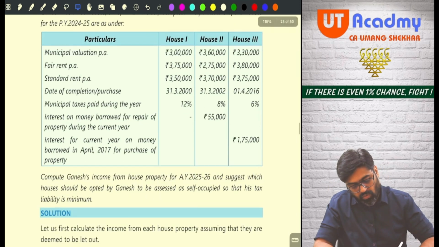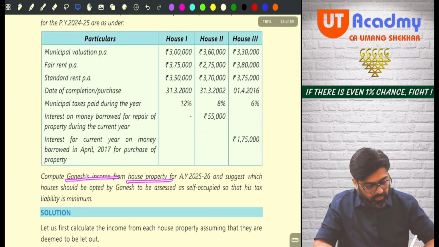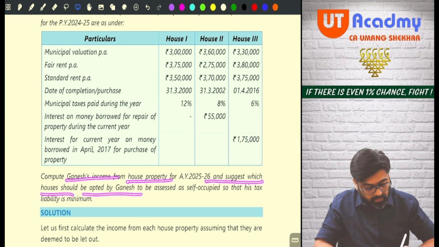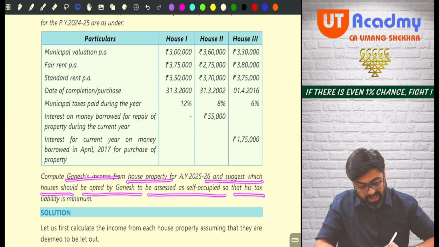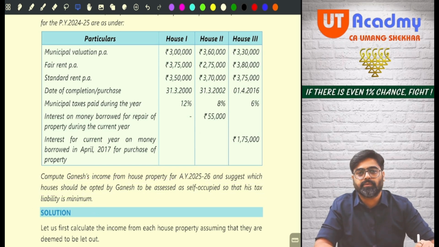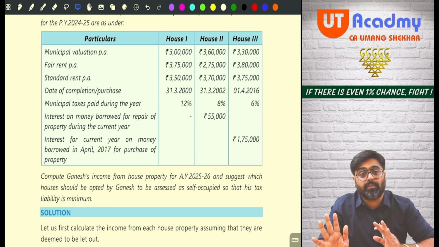Now compute Ganesh's income from house property and suggest which house should be opted by Ganesh to assess as self-occupied so that his tax liability is minimum? Read the question properly. Minimum tax liability should come.